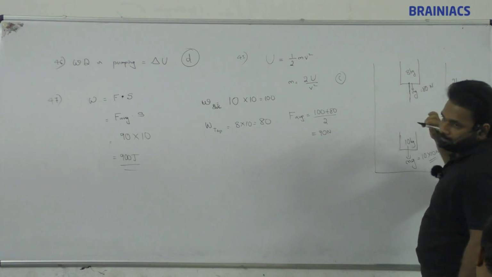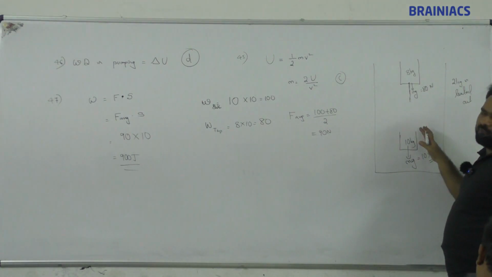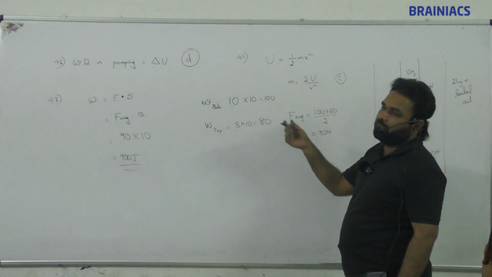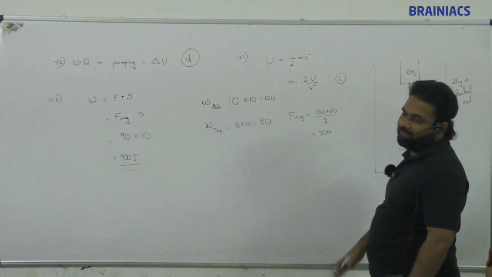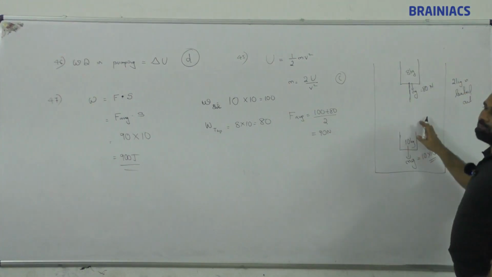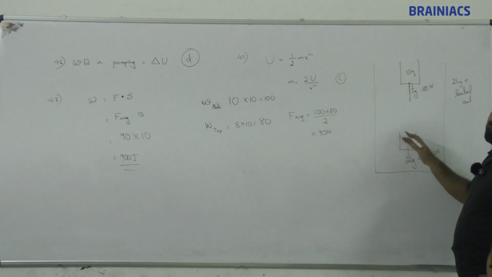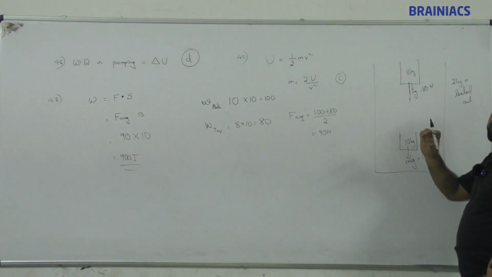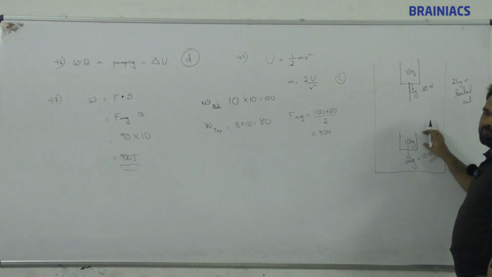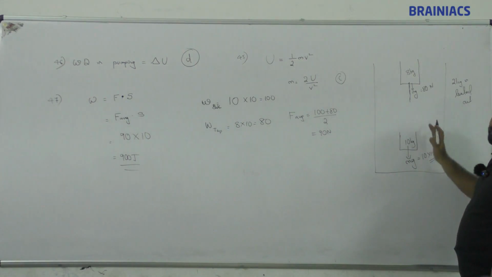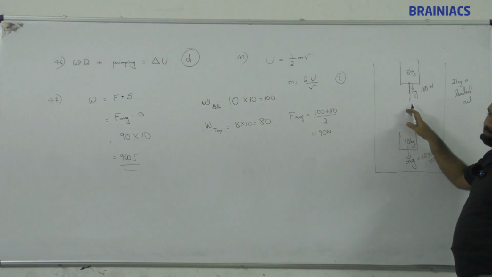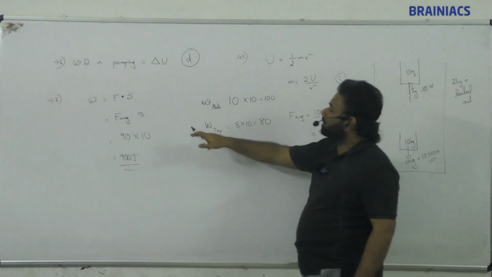80 Newton. If it were given in the form of a function, we would have done W equal to integral of f dx or f dy, something like that. That is not there. If we apply integration for the small work done for the small change in force, it is going to be a very lengthy process. Whatever answer we get from that is the same as taking the average force.